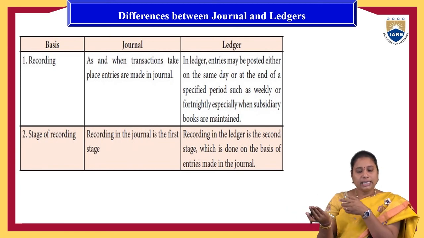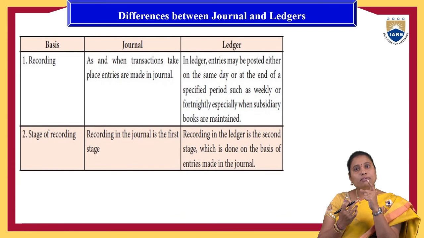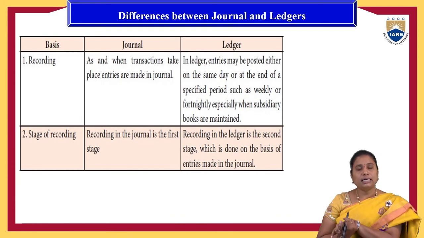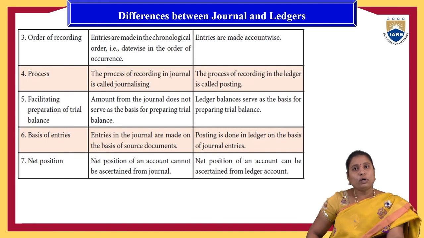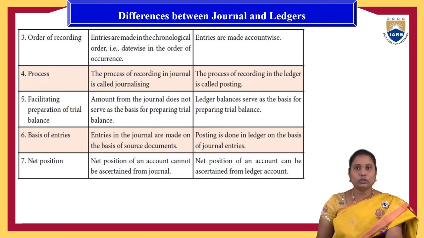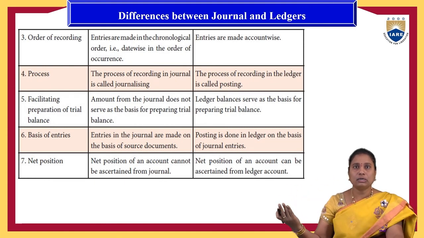The stage of recording: the first stage is the journal, and the second stage is the ledger. As for the order of recording, the chronological order, that is date-wise, has to be mentioned in the journal, and in the ledger they need not mention it date-wise. So it can be done whether the transaction occurred earlier or later.